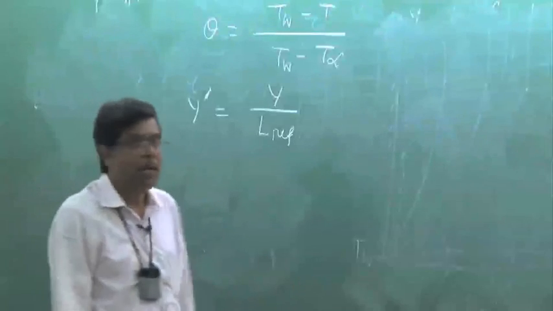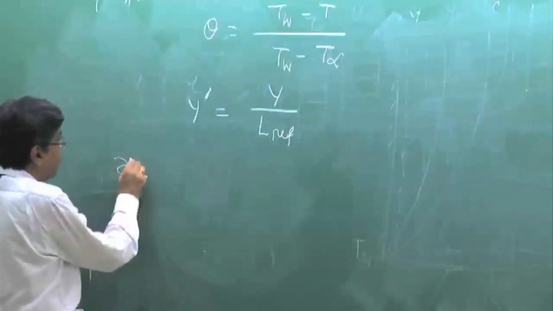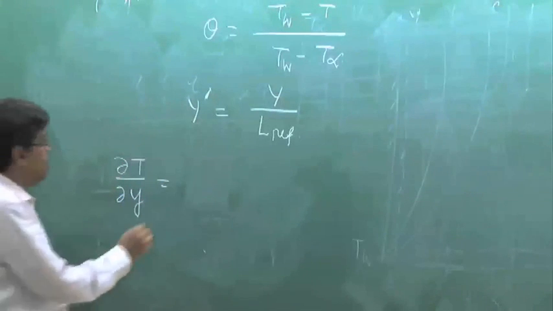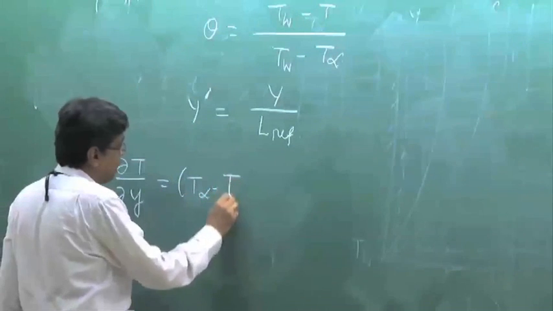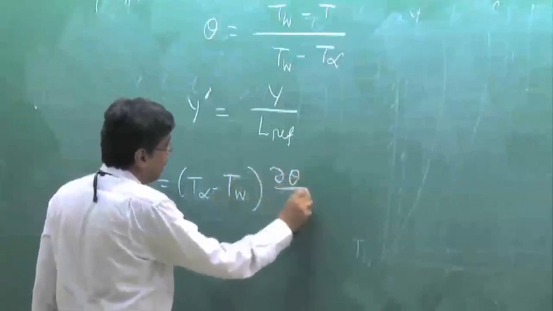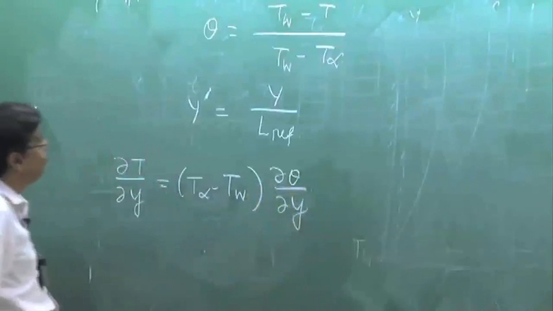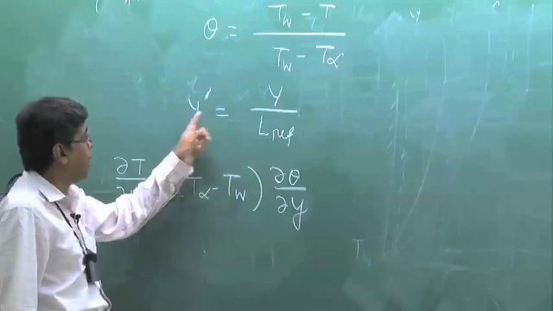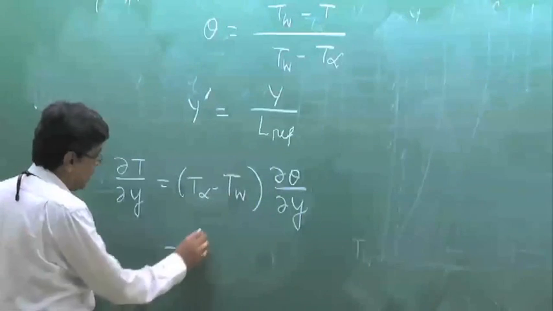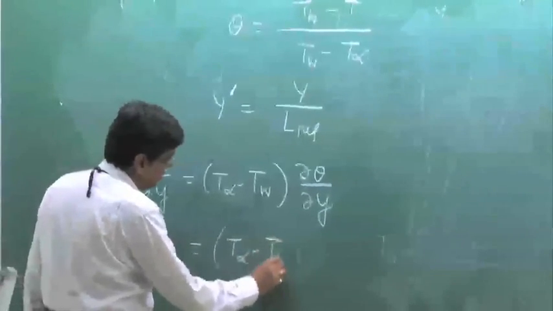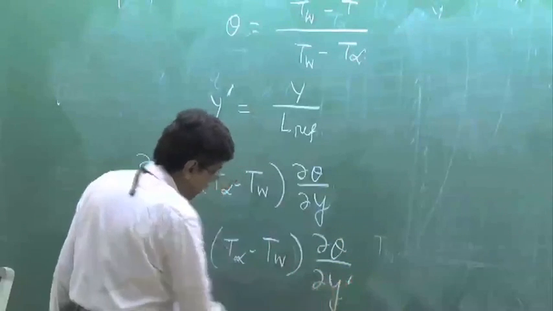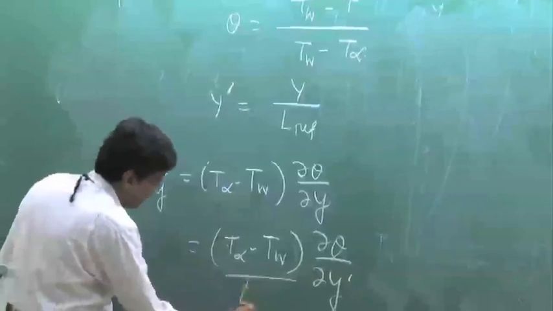Let us do that. Then what is the value of del T del y? Del T del y is T infinity minus Tw, T infinity minus Tw del theta del y. Okay, am I correct? And what is del y? It is del y dash L reference. That means it is T infinity minus Tw del theta del y dash divided by L reference.